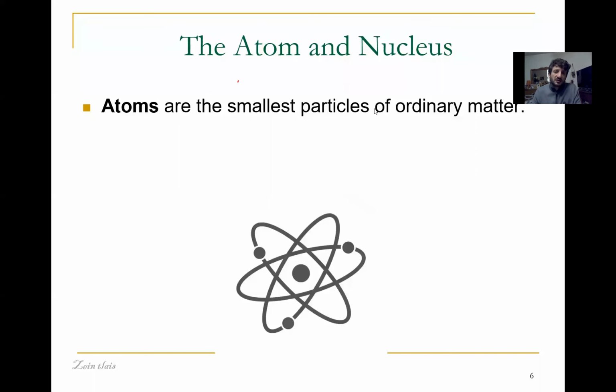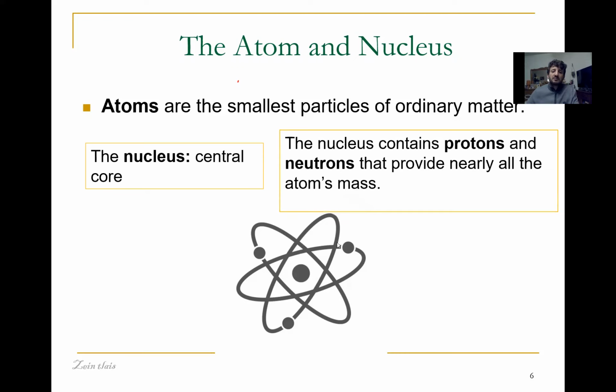The atom and nucleus. The atom, in general, is the smallest particle of any ordinary matter. Inside the atom, you have the central core, where you have the nucleus. In general, the nucleus is relatively very heavy in comparison with the electrons.